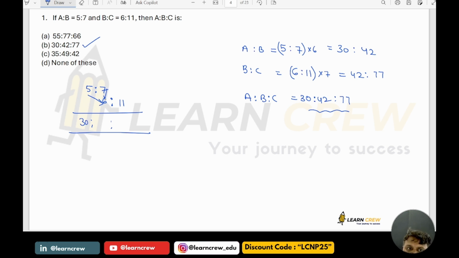Second value, multiply these two: 7 into 6, 42. Third value, multiply these two: 7 into 11, 77. So 30 is to 42 is to 77. It is nothing but equating the common term B. 30 is to 42 is to 77 is the answer. So option B is the answer.